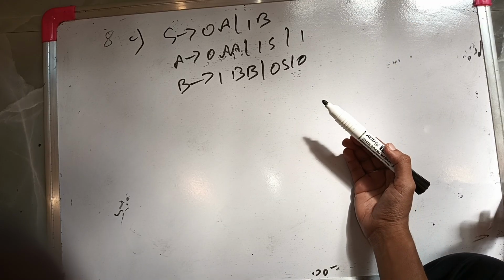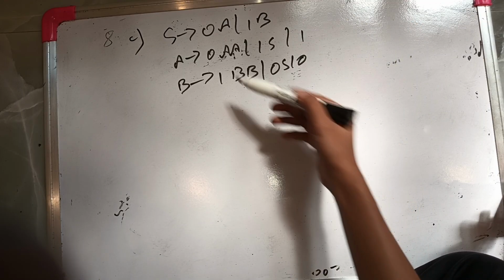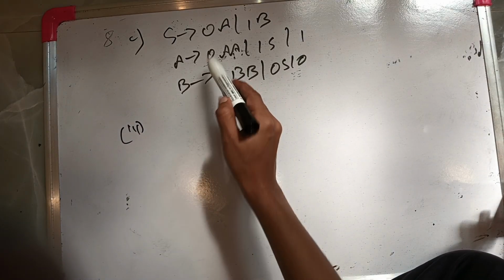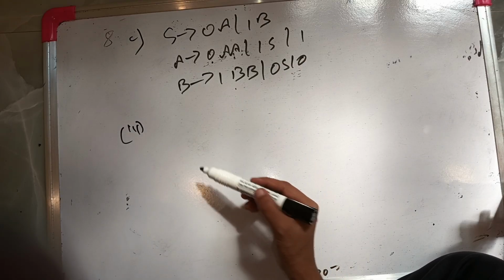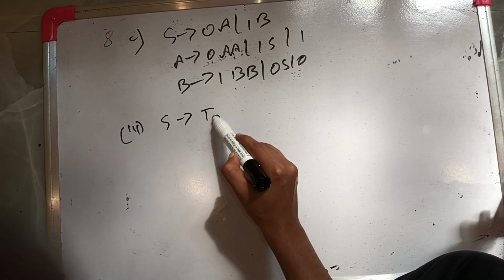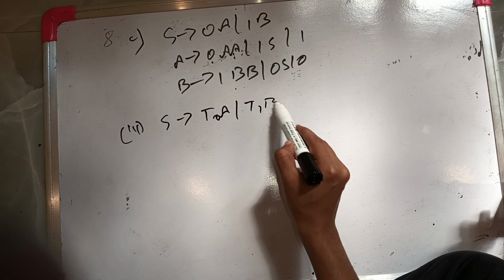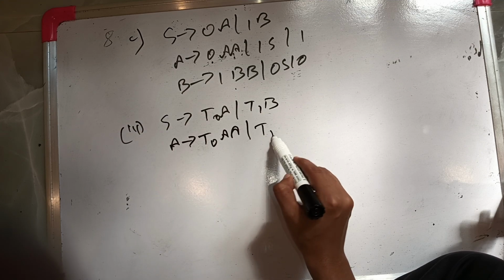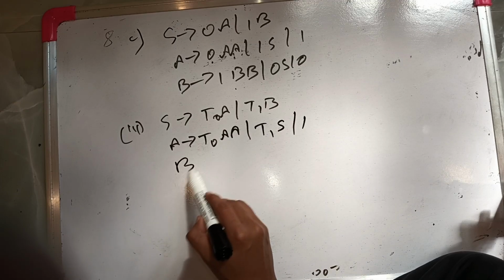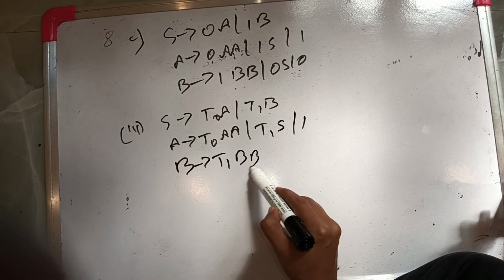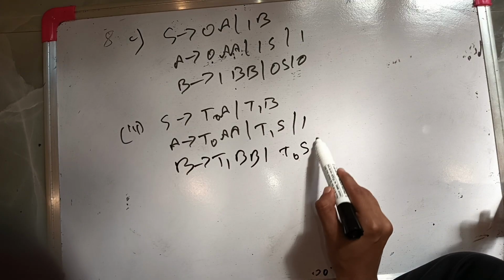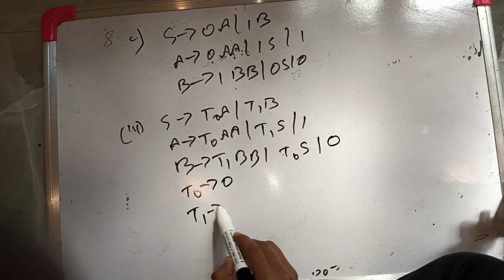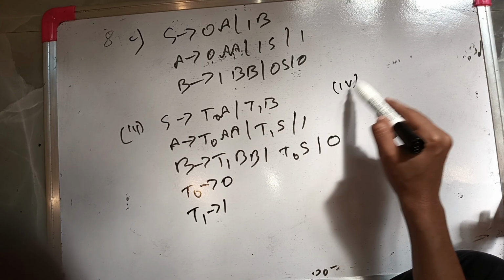In the second step remove unit production, is there any unit production? No, leave it. In the third step remove mixed, here mixed is there, here also there. So S gives T naught A and T1B and A gives T naught AA, T1S1 and B gives T1BB, T naught S 0 itself, T naught gives 0, T1 means it is producing 1.